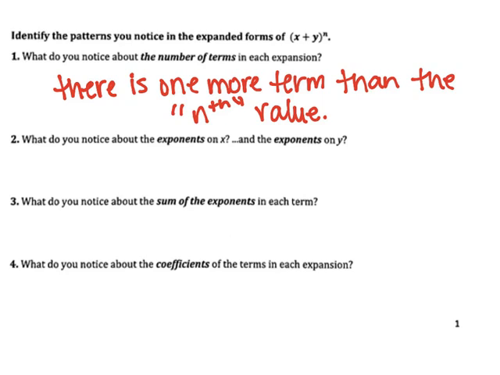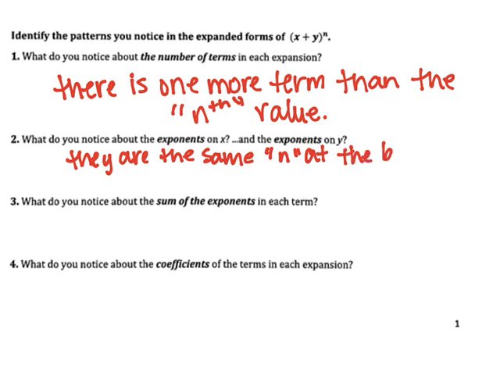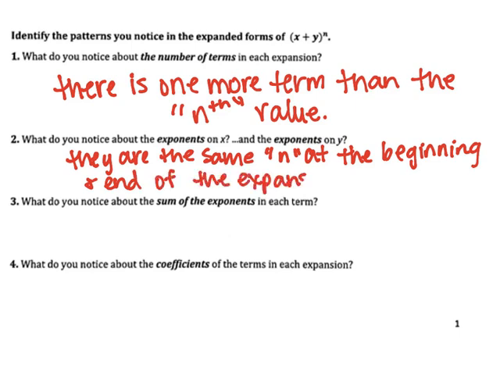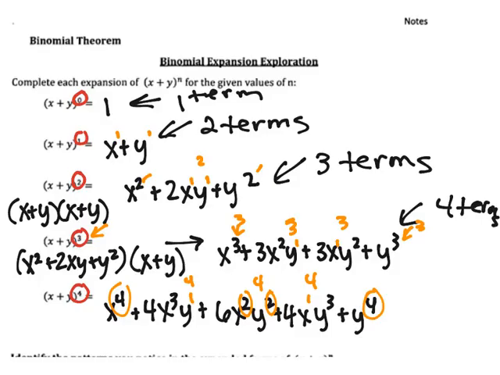Hopefully you notice there that they are the same in value at the beginning and end of the expansion. We started with 1 and ended with 1, started with 2, ended with 2, started with 3, ended with 3, started with 4, ended with 4.